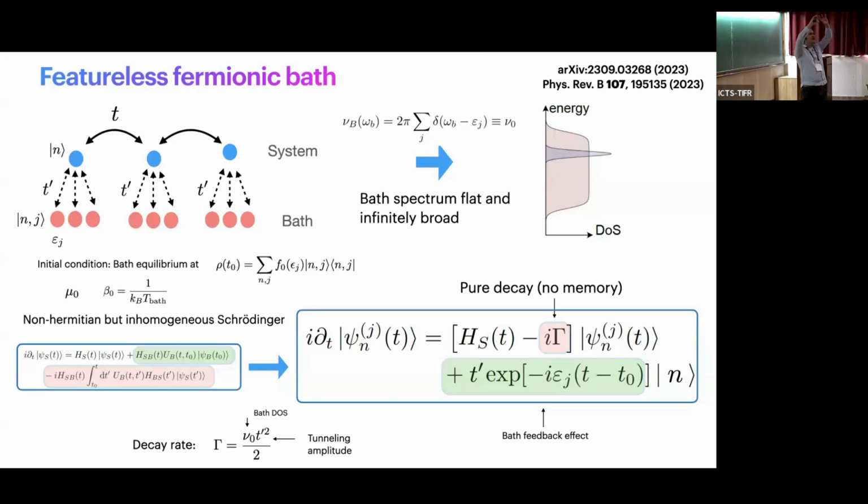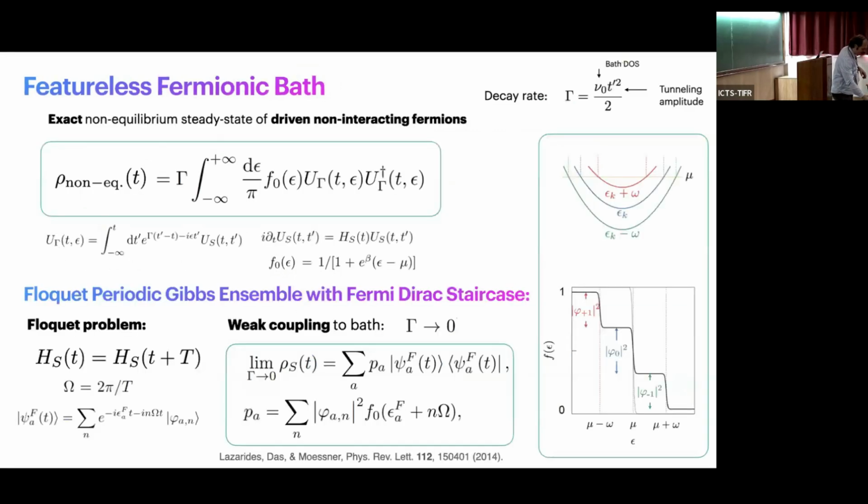And so basically the problem becomes: if we take some initial condition for the bath, let's say at initial time the bath was in the thermal state, the Fermi-Dirac distribution with some temperature, we just need to take every one of the states in this ensemble and evolve it according to this equation, and that way we can find the late time steady state, all right?